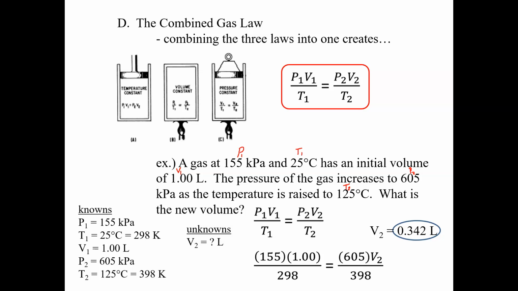Now, there is one variable that we have not covered yet in terms of gases, one left, and that is how much gas is in there. How much gas is in there can be measured in a couple of different ways, but the main way that we measure it in chemistry is we use something called the mole.